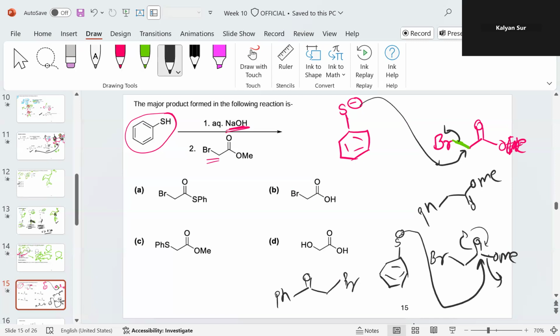So this is the another product. So we have given both, either option A, which is obviously the wrong option, or option C. Among these two, we need to identify which one is the correct product, whether option A is correct or option C.